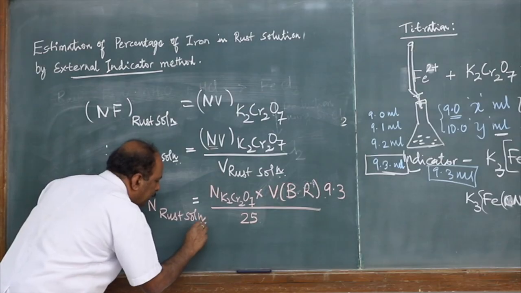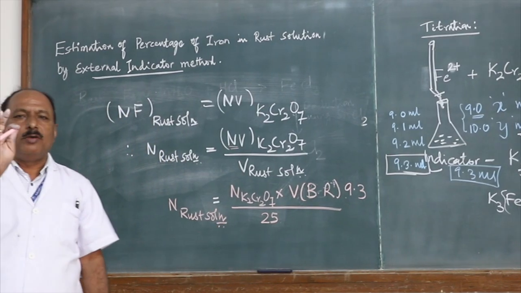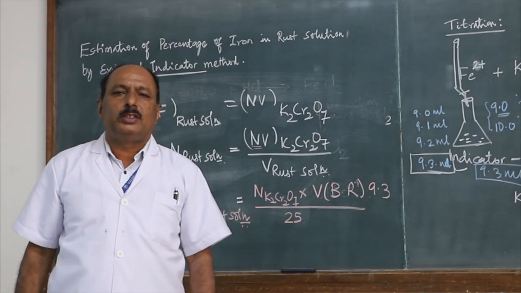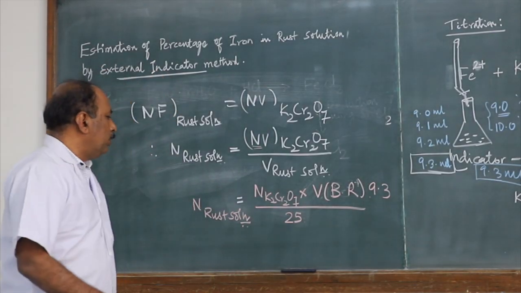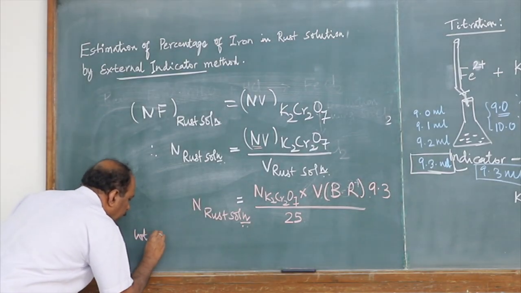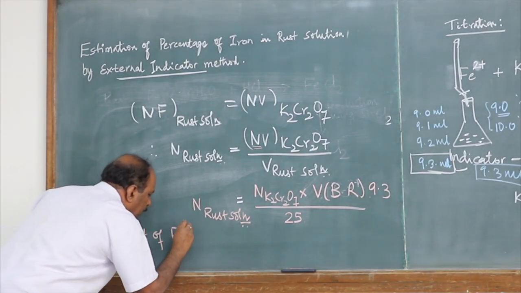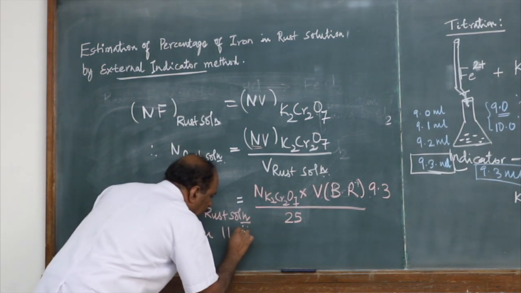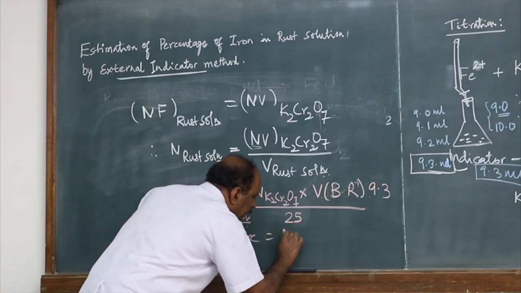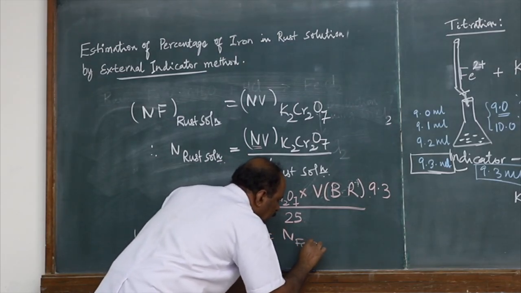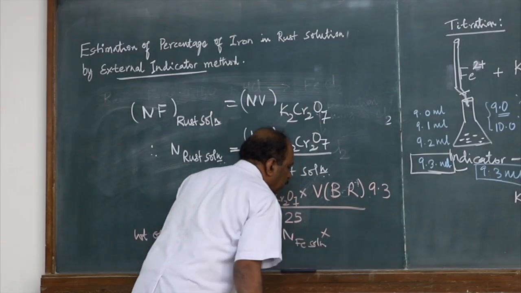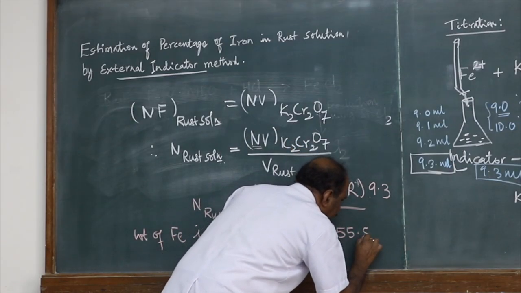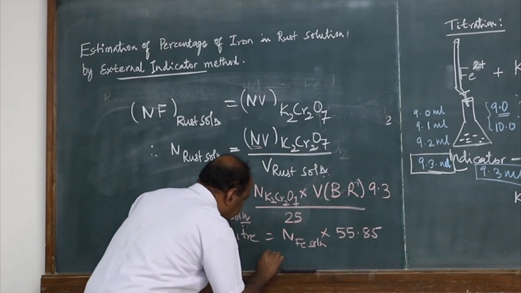Once you have the normality of any solution, you know from basic chemistry, if you multiply that with the molecular weight, you will get the weight of iron in 1 liter. It is given by normality of iron solution, that is rust solution, into molecular weight of iron, that is 55.85, so many grams.